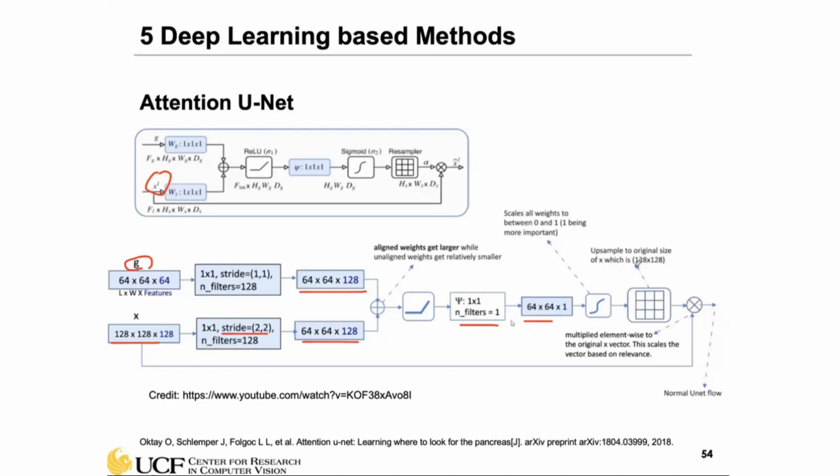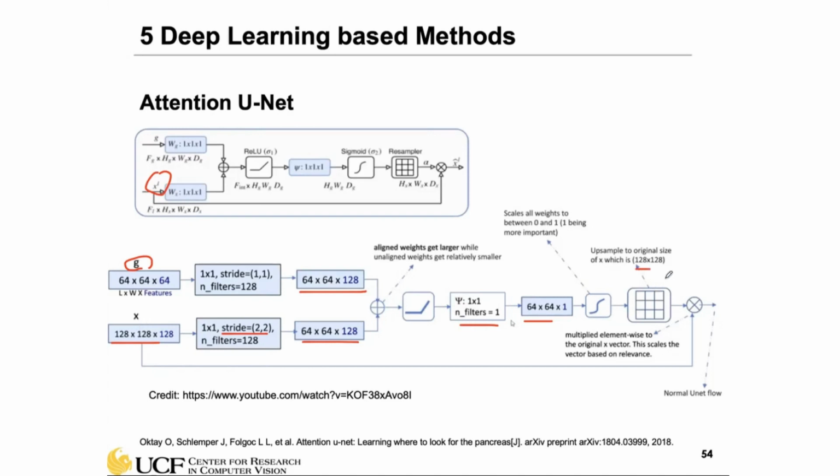Then we can also scale these weights, maybe using softmax to normalize them, and reshape or do some interpolation to 128 by 128. And then we multiply these attention weights with the X^l, which is the feature from the encoder side.